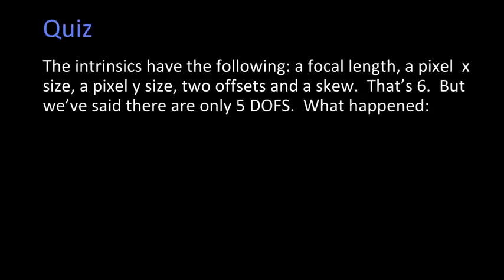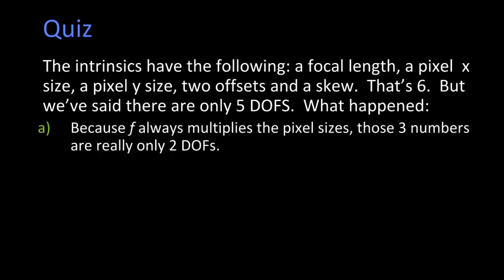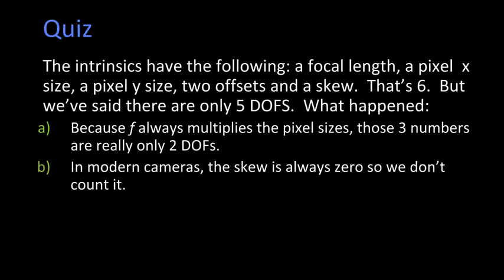Quiz. The intrinsics have the following: a focal length, a pixel X size, a pixel Y size, 2 degree offsets, and a skew. That's 6. But we've said there are only 5 degrees of freedom. What happened? A. Because F always multiplies the pixel sizes, those 3 numbers are really only 2 degrees of freedom. B. In modern cameras, the skew is always 0, so we don't worry about it anymore.